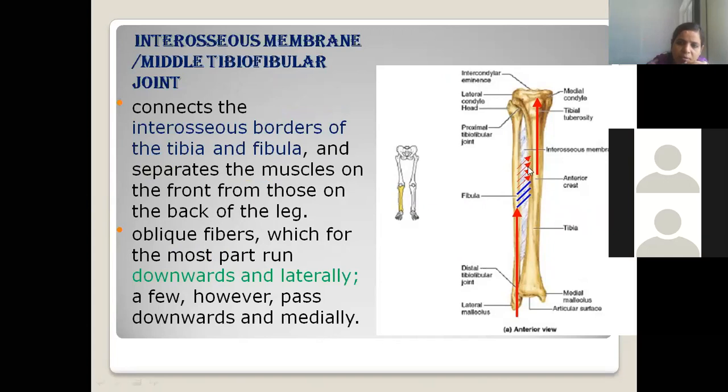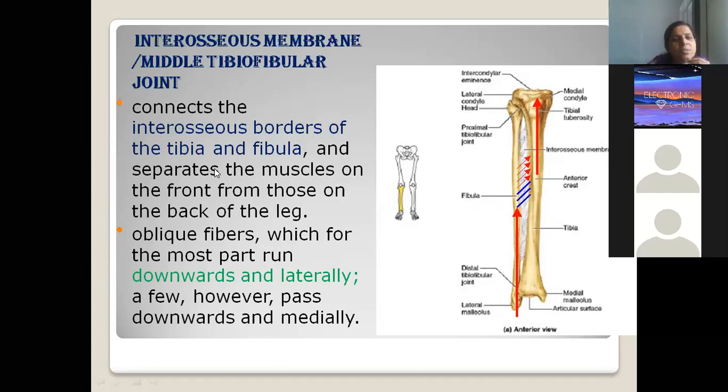Is the interosseous border of tibia the lateral or medial border? Lateral. Very good. Fibula's interosseous border, medial or lateral? Medial. Very good. So the lateral border of tibia and medial border of fibula are the interosseous borders, in between which we have the interosseous membrane.